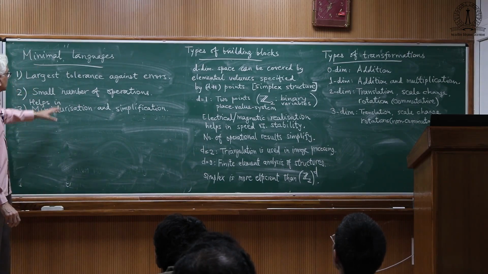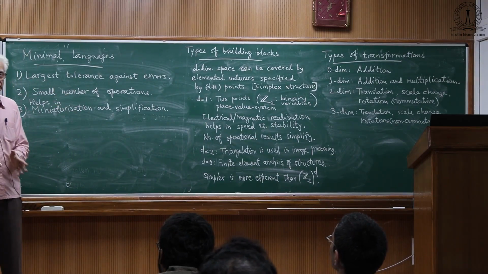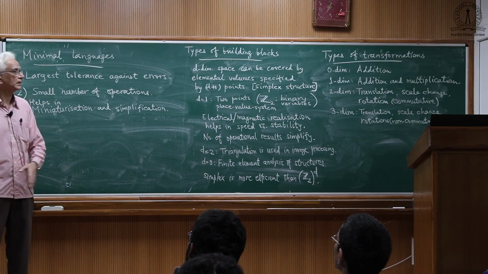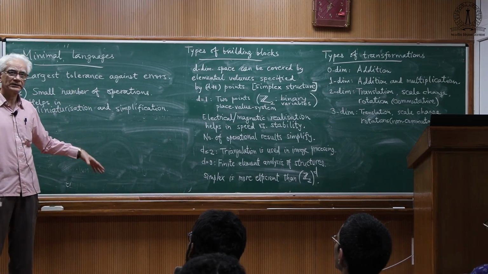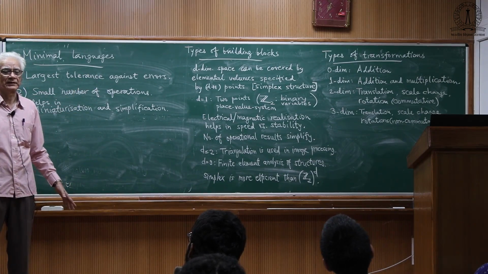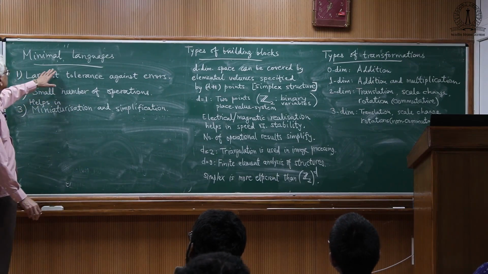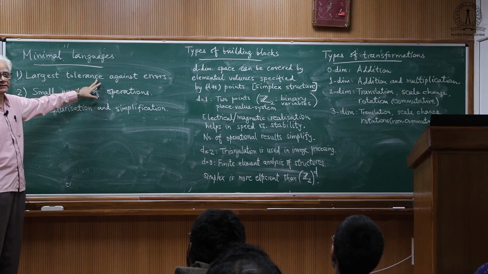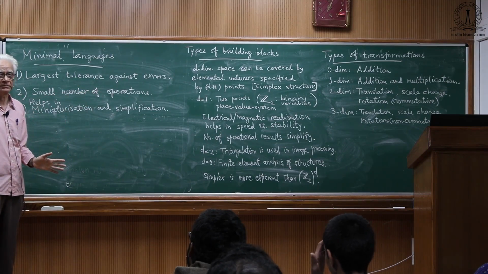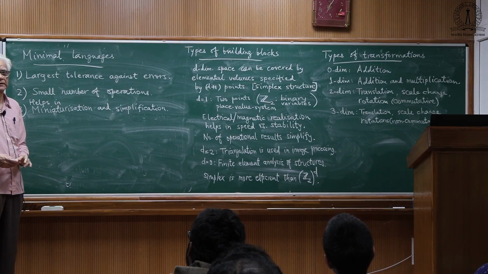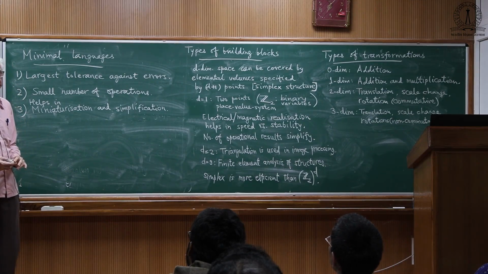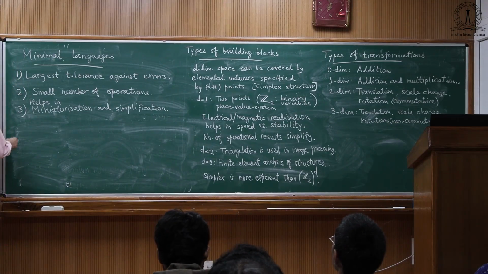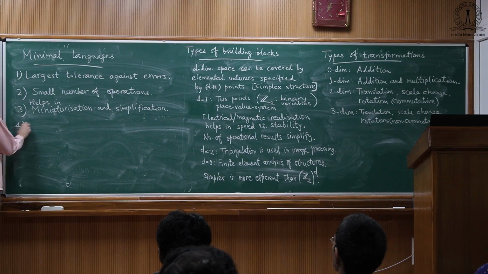You have a smaller number of operations, but you need to perform many of them together in some order to implement a particular task. And this increase in the depth of computation is an unavoidable consequence of simplification.